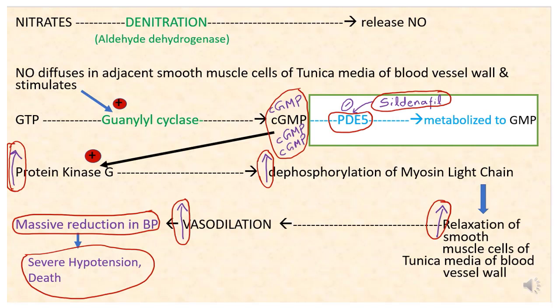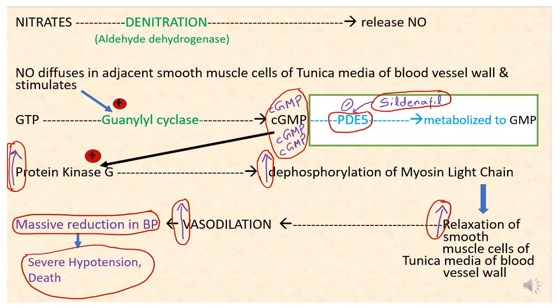Nitrates should not be given with phosphodiesterase 5 inhibitors like sildenafil or tadalafil. Sildenafil or tadalafil inhibit phosphodiesterase 5. Phosphodiesterase 5 is responsible for conversion of cyclic GMP into GMP.